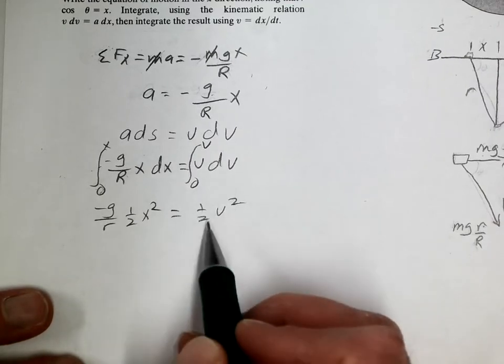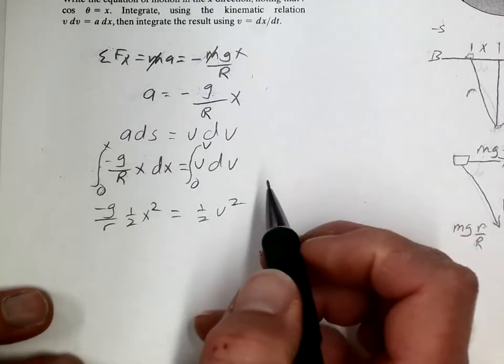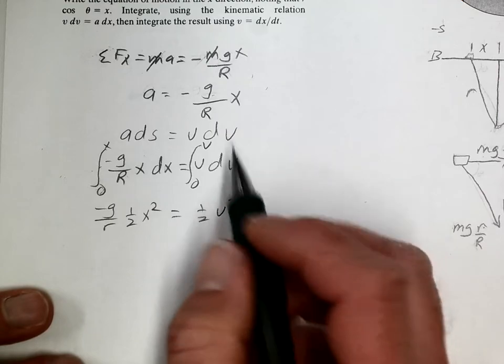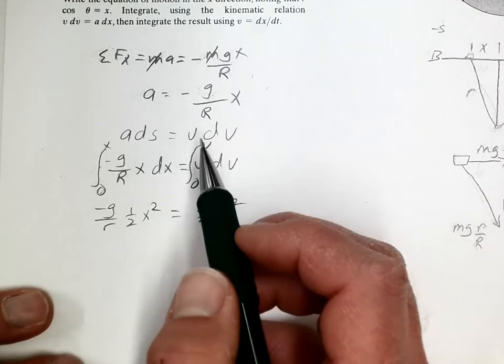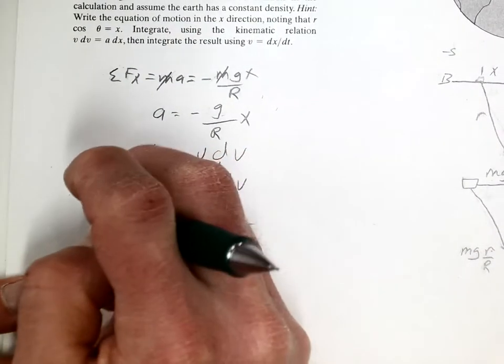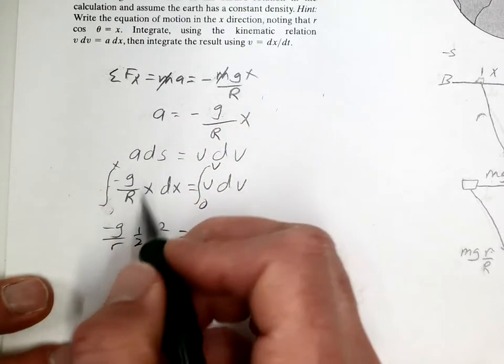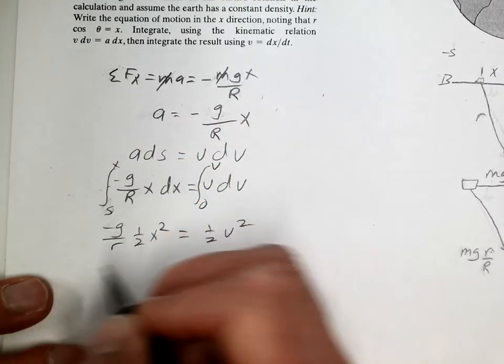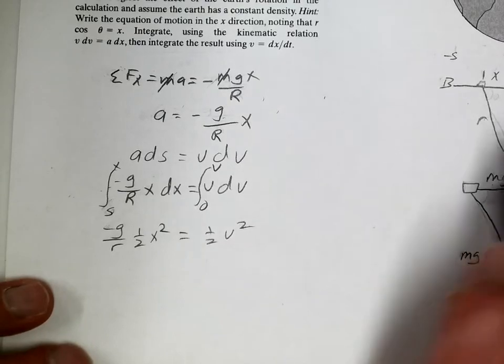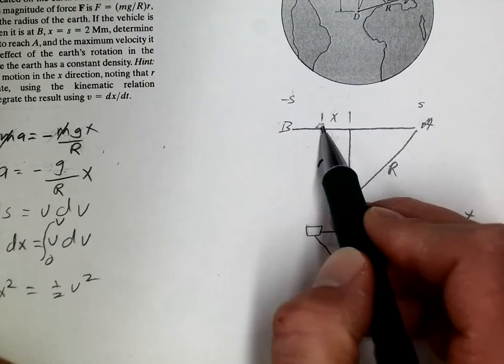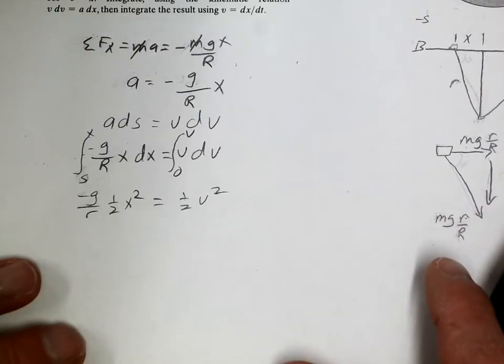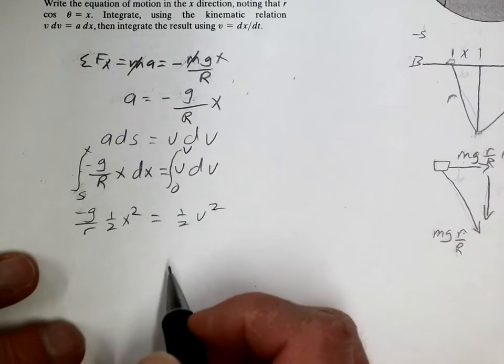So now we have an equation. If we integrate this, not from 0 to x, let's integrate it from s to x. Yeah, because we're going to start at A, we'll integrate from s to where x is. Okay.